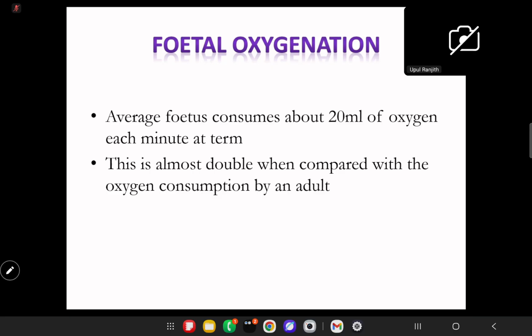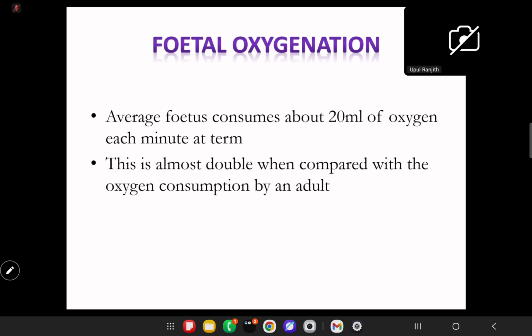This is also double when compared with the oxygen consumption by an adult. If you take an average adult weighing about 70 kilograms, at rest will consume 250 ml.